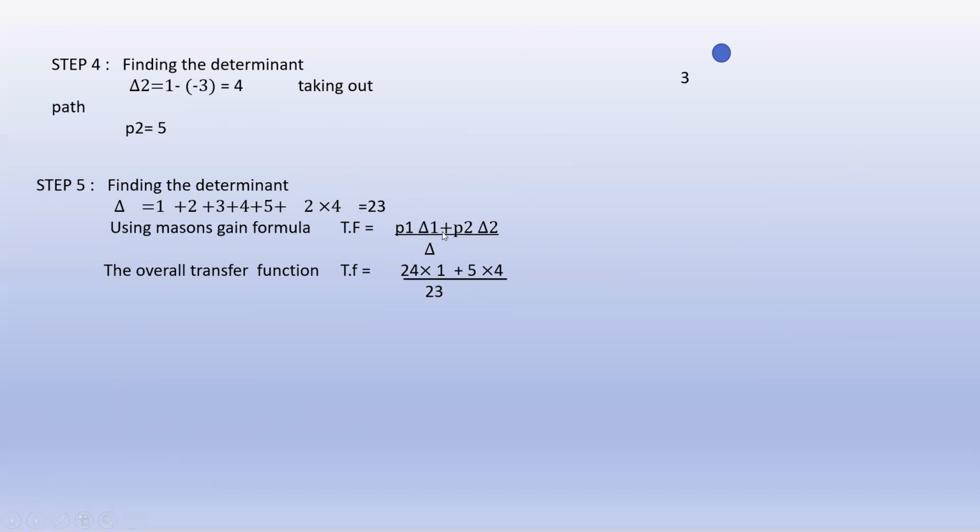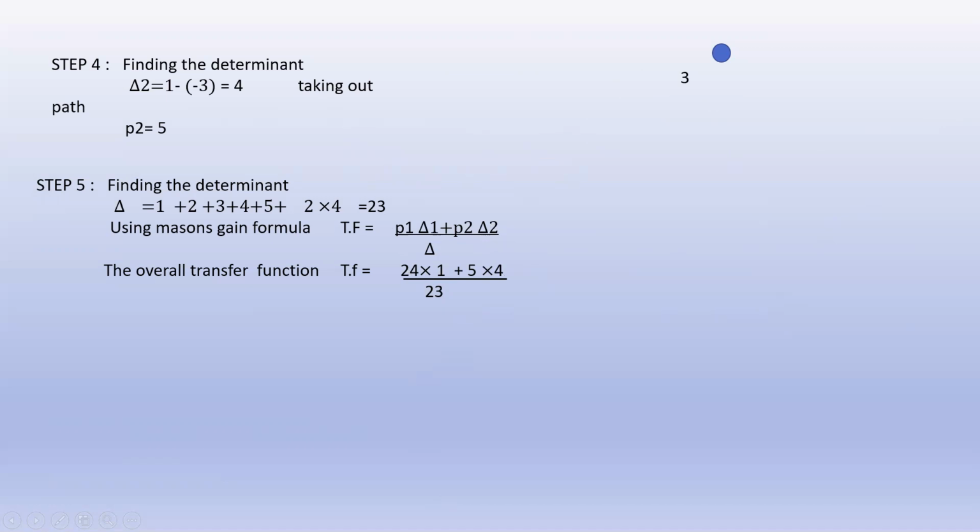So we have seen that, and the corresponding determinant is 1. If we remove all the nodes, we are left with nothing. So this isolated determinant became 1, and P2, that is the curved path we have seen. If we remove this curved path P2, then we have a determinant 4. We have already seen that.